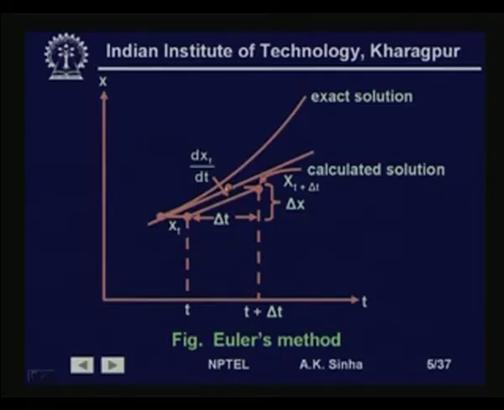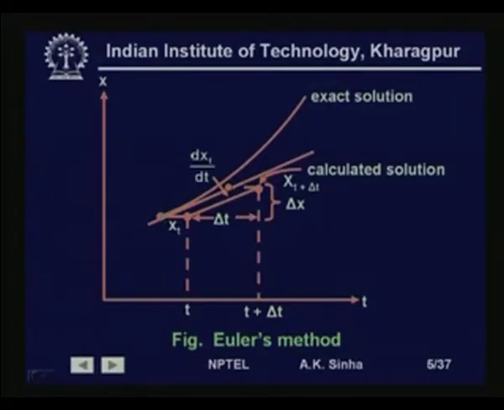In order to reduce this error, we normally use what we call the modified Euler method. Here what we do is, instead of using this slope into this delta t, we try to find out the slope at this point also, and then we take the average of these two slopes, that is, the slope at the beginning of the interval and the slope at the end of the interval.